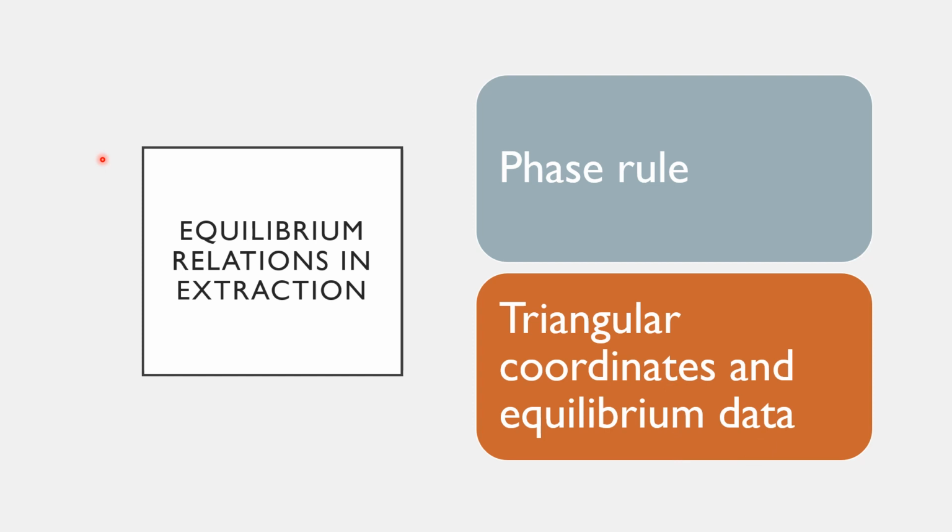The phase rule applies to a liquid-liquid extraction system which has three components, that is A, B, and C, and two phases in equilibrium. Triangular coordinates and equilibrium data are the data of these three components in equilibrium, which can be plotted into a ternary diagram to solve for single stage or multiple stages LLE.